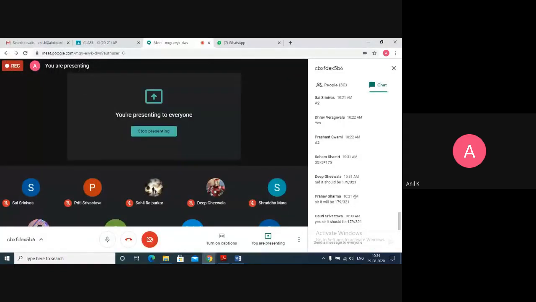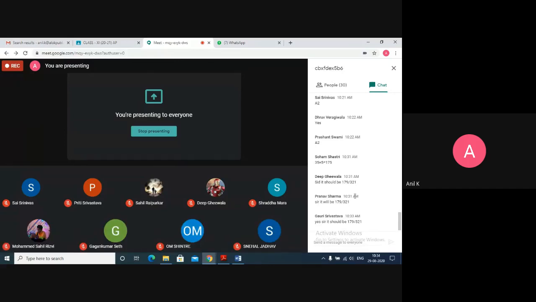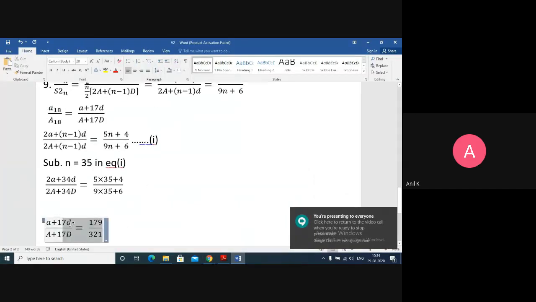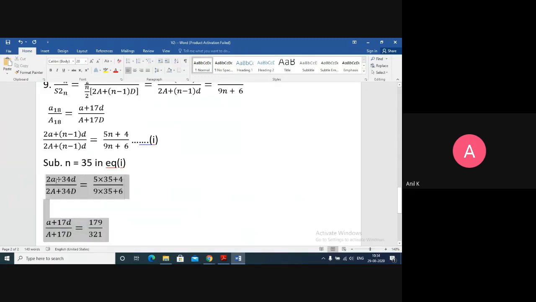Is it clear for everyone now? How I assumed the n value as 35, especially. In class 11th and 12th, certain terms will come from nowhere. So it comes instantly, like n equals 35. See, my thinking process is this way: I want this value, I have this value.